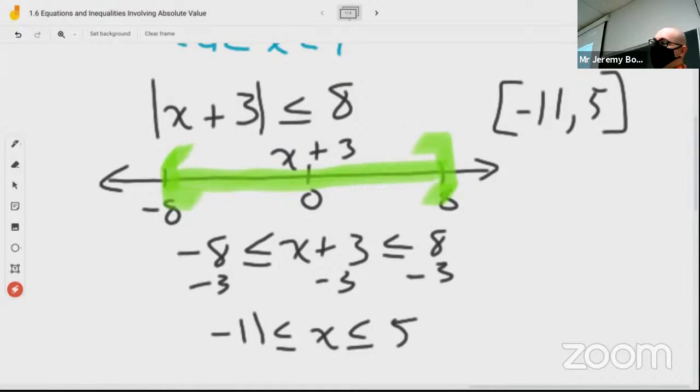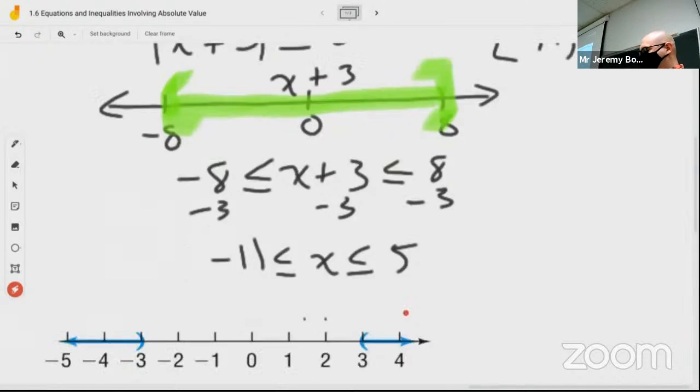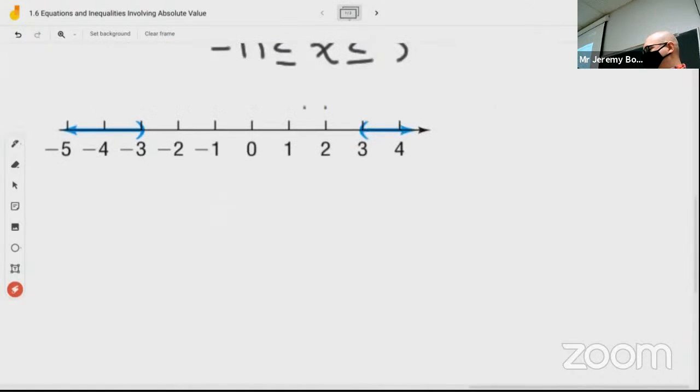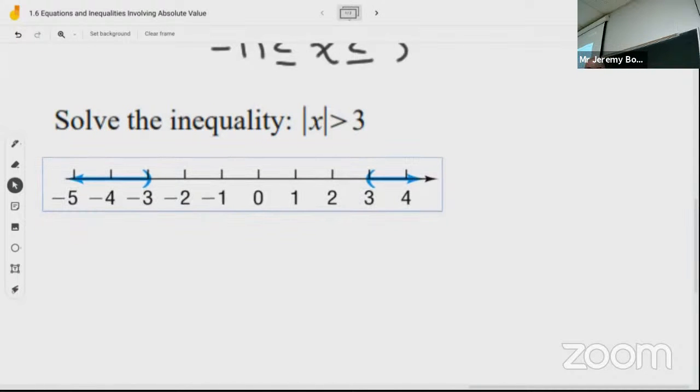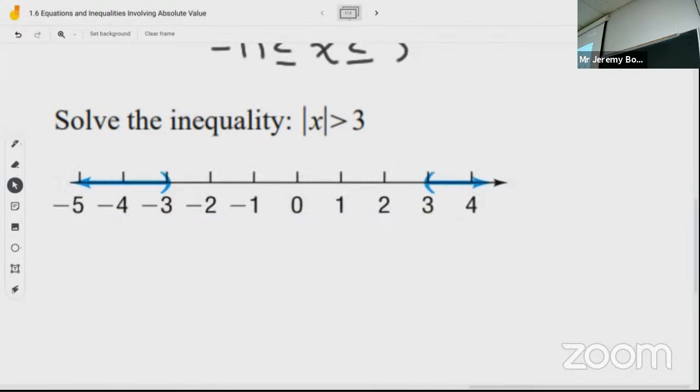Okay, so notice that both of them we did were less than. What if it's greater than? So remember I said that it's the distance away from 0. And when we did that, the absolute value of x was less than 4. That means it was less than 4 units from 0, so it's bound by 4 and -4. When we say that the absolute value of x is greater than 3, it's as though you're jumping more than 3 units away.